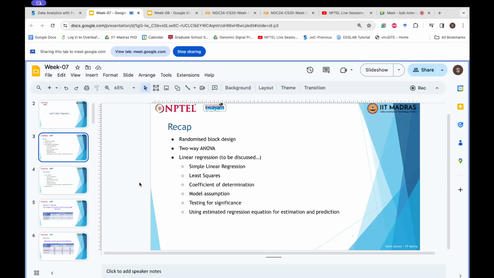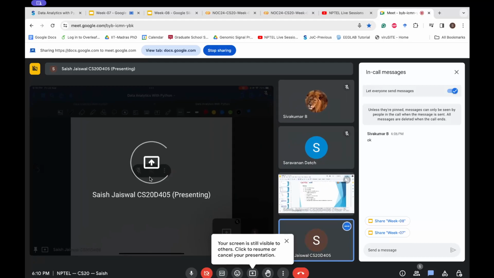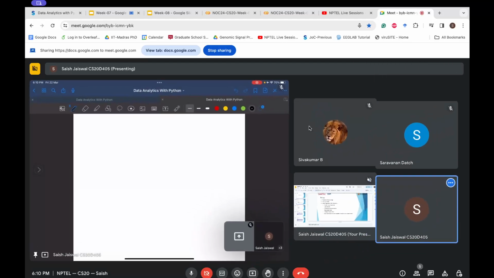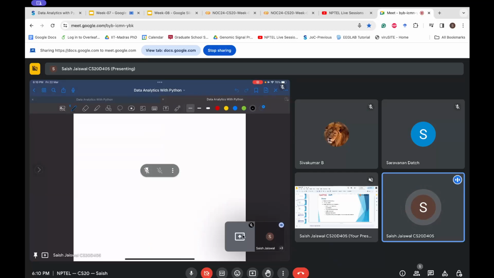Okay, let me just share it on iPad so that it is easy for everyone to understand, and then we'll quickly move on to maximum likelihood estimation. I hope my iPad screen is visible.